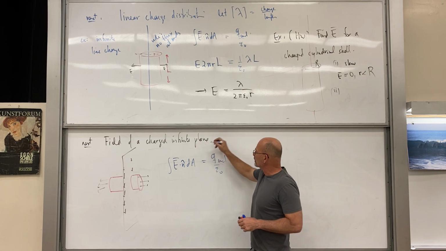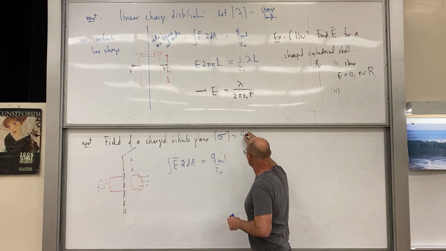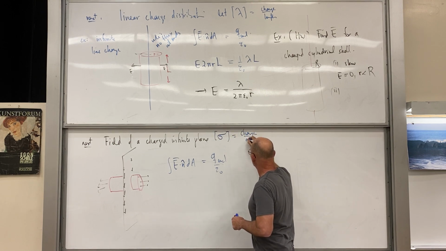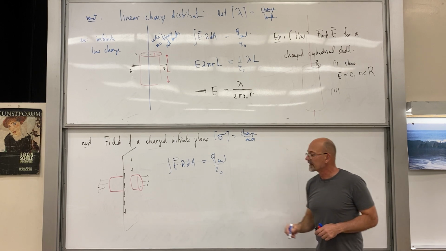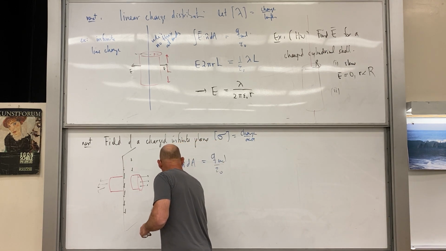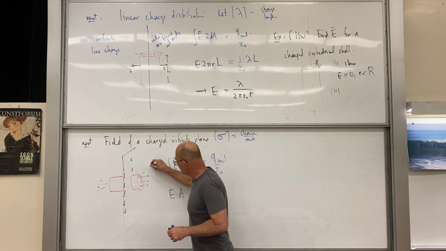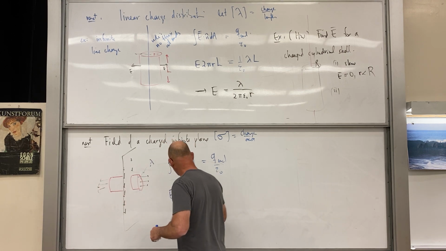Field of an infinite charged plane, with sigma equals charge per area. And what we're going to have on the left side is E times A. And we have one area here and one on the other side, so we have times 2.